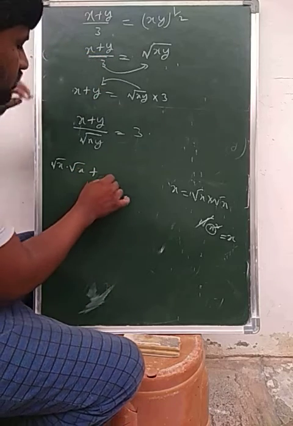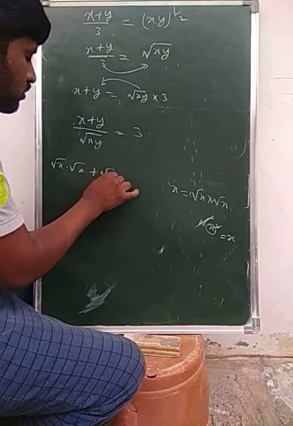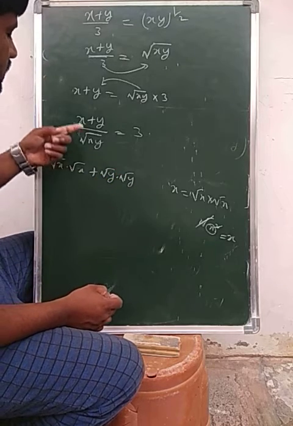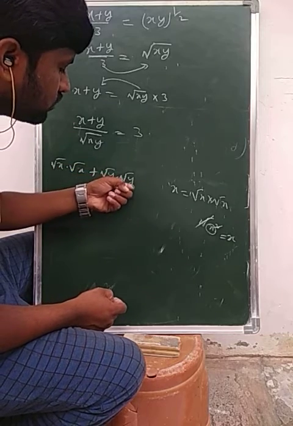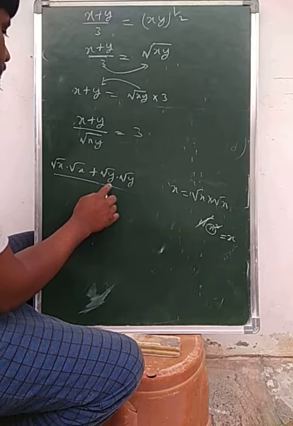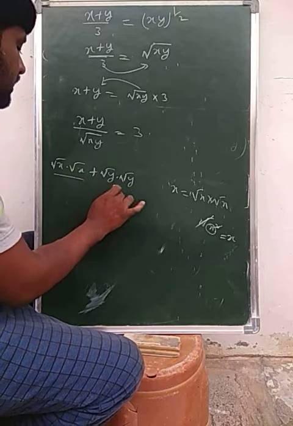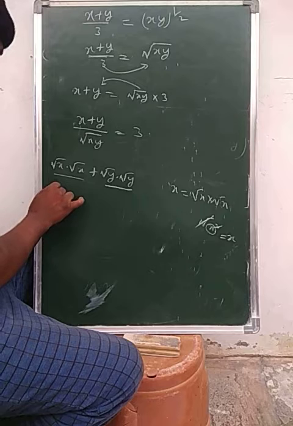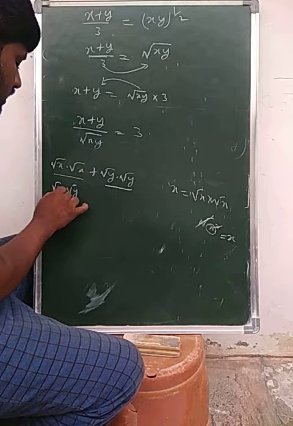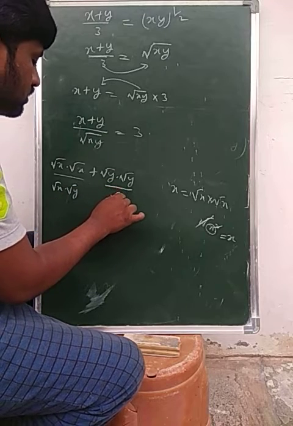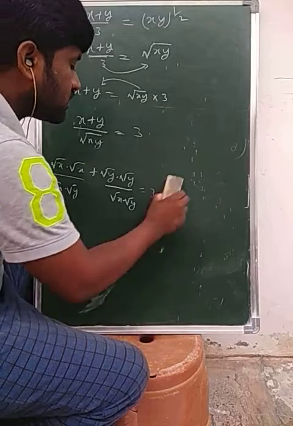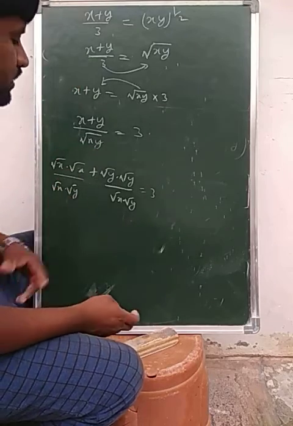Similarly, y we can write as root y into root y. Root x into root x is x only, root y into root y is y only. Here the denominators I am writing separately: root x into root y, is equal to 3.